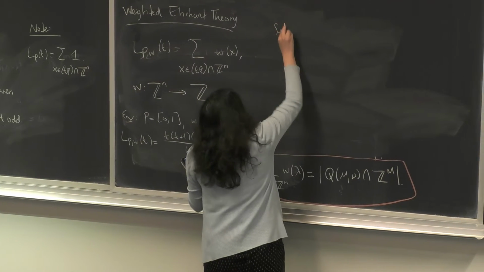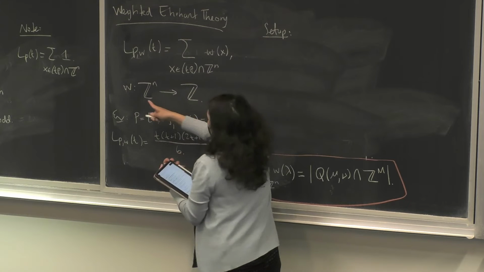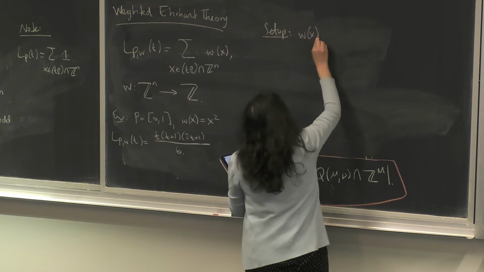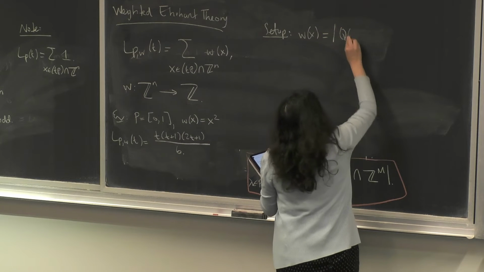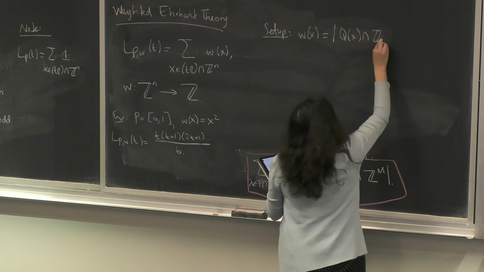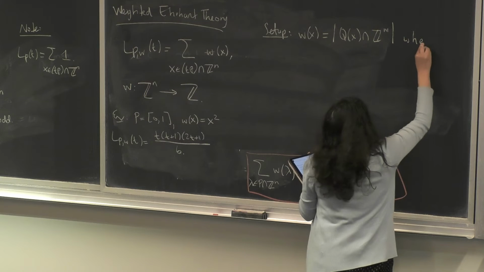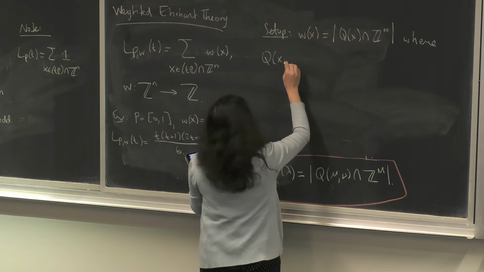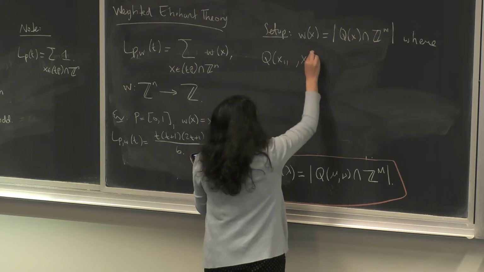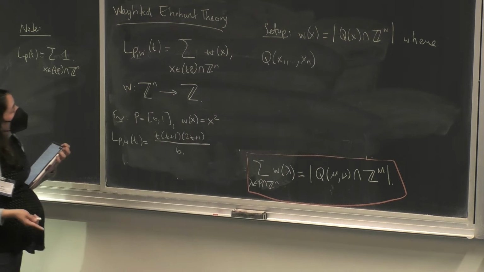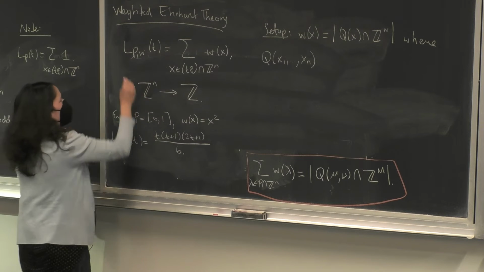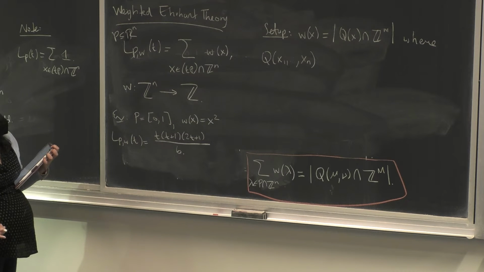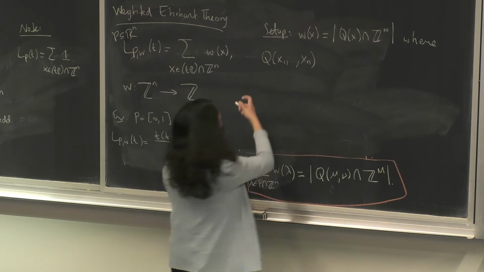So our setup, further, we're going to restrict the type of W's that we want. We're going to consider W of x, a function from Z^n, where my polytope P lives in R^n, and Q is a polytope.